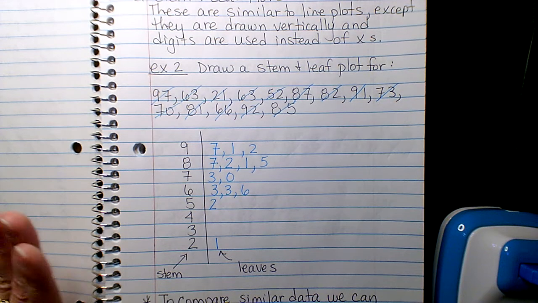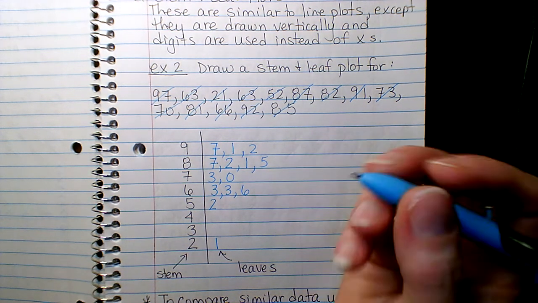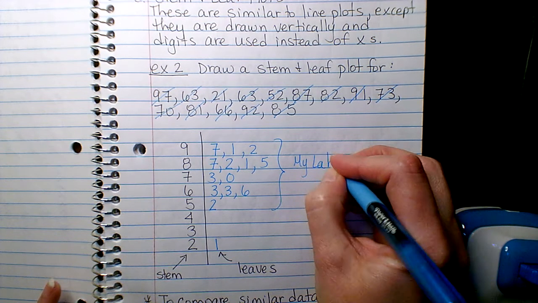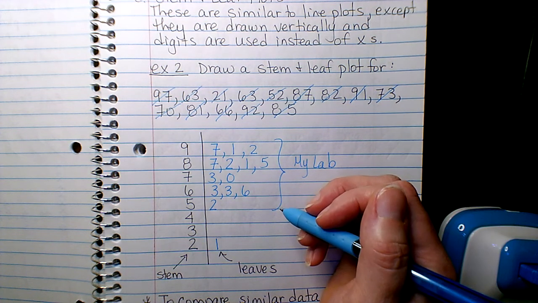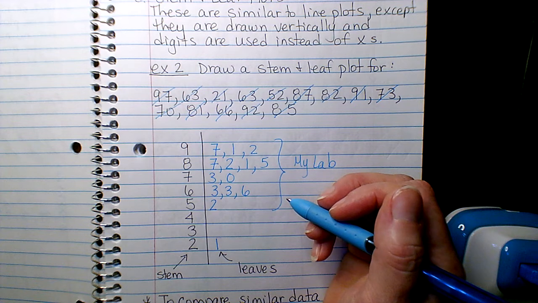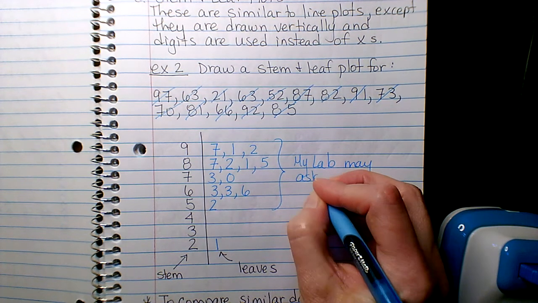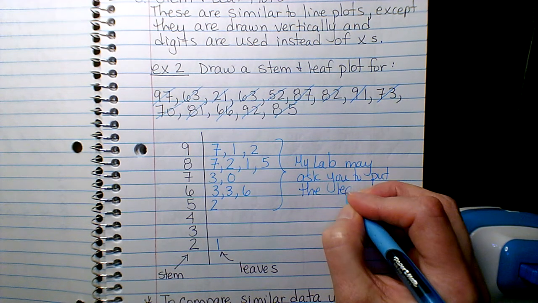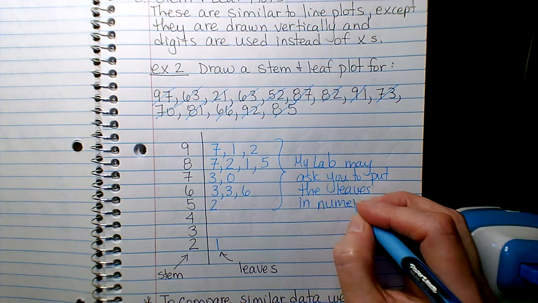So this is very similar to a line plot. We're just not putting X's. We're using the digits now. I'm not 100% sure. I cannot remember because we also do this graphing in one of my other classes, and I know that book requires them to put them in order. So let's just put a little note here. My lab may ask you to put the leaves in numerical order from least to greatest.